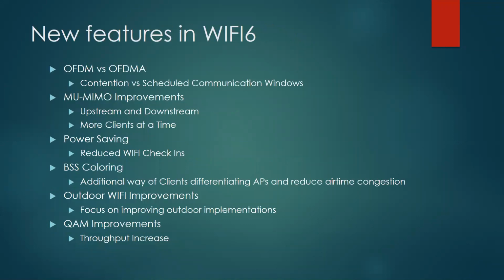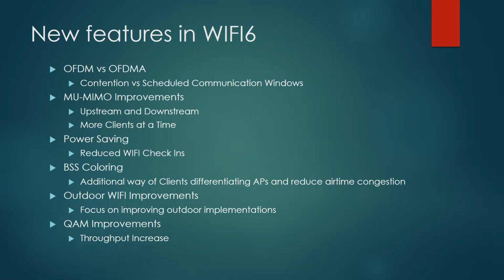New features in Wi-Fi 6. Some of these are very, very big. Some of them are little additions. One of the biggest ones is going to be moving from OFDM to OFDMA. We'll get into these in more detail in the next few slides, but it's basically the way things communicate, and how things are broken up in the actual modulation of the frequency.